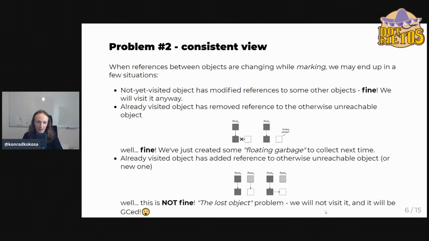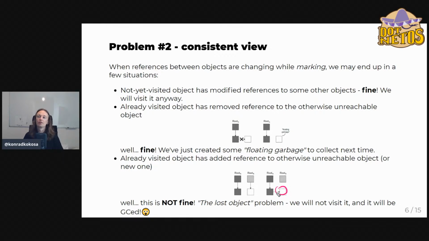So this is not fine, definitely not fine. We have the lost object problem. We have already visited some object, so the graph traversal will not visit it anymore. And now, after we have visited it, we are assigning some reference to it. But we will not notice that, obviously, because we have visited this object. It means we will lose the information about this reference, and because we will lose this information, we will not visit it.